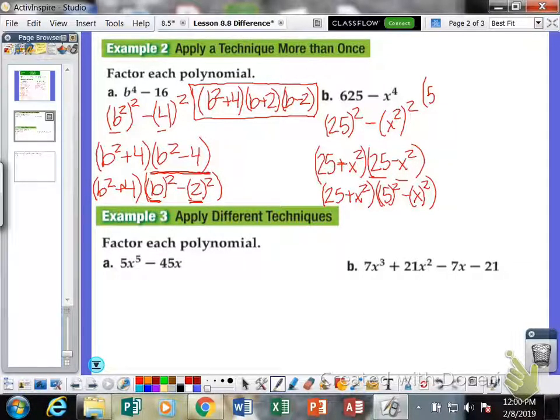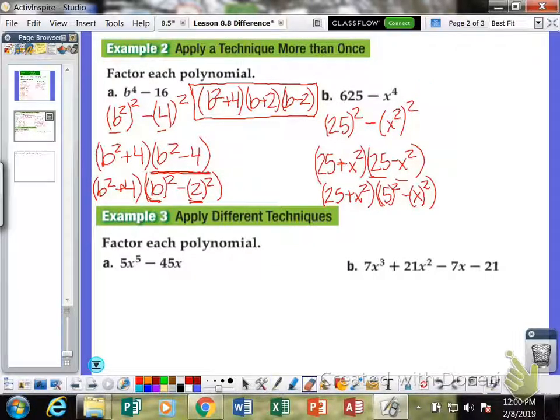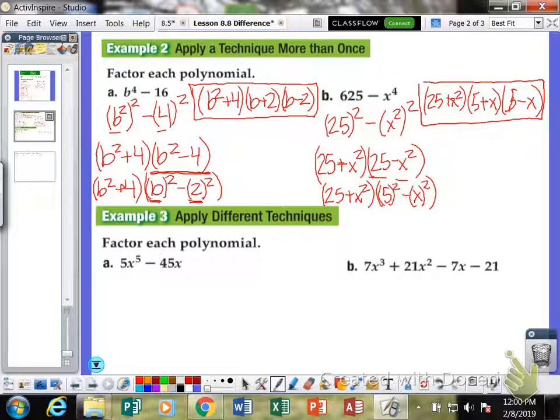This would be 25 plus x squared, and then 5 plus x, and 5 minus x. And that would be our answer there. So I use these terms here and here to rewrite the difference of those squares.